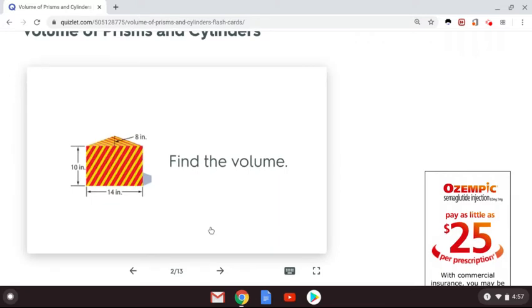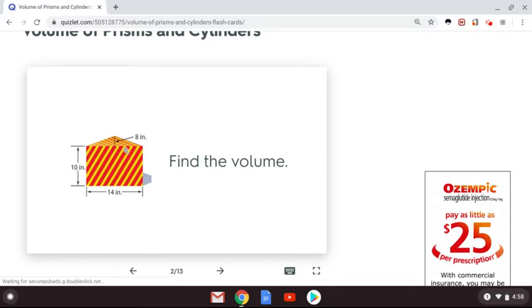So then for this one, it says again, find the volume of this prism. So now you're going to have to be looking at different, so here they're giving you the apothem of this triangle. So we have the height here, the length here. So we would be able to find the base here.